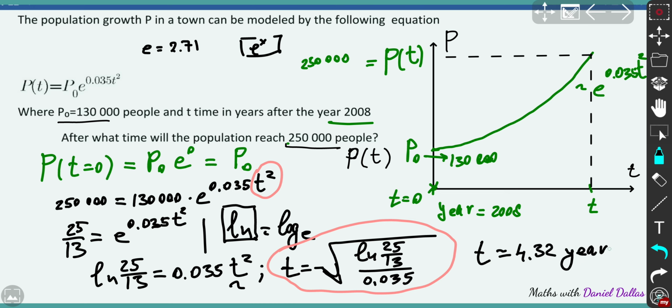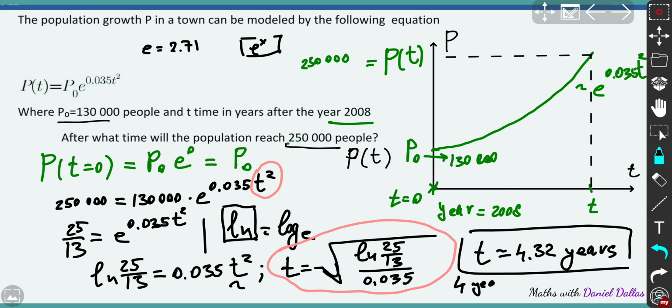So it means around 4 years and around 4 months, because 0.3 of a year is simply a third. So through this period the population will reach this value. That is going to be the solution, around 4.32. And this is how it works.